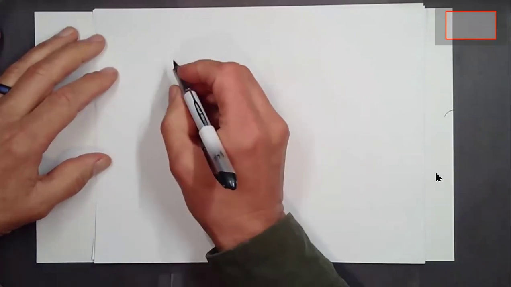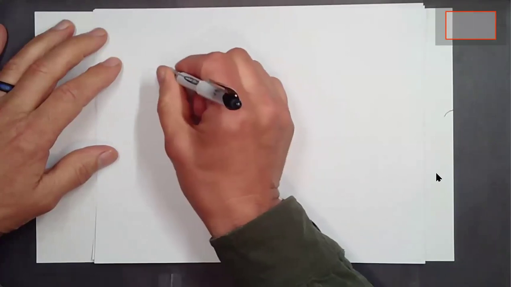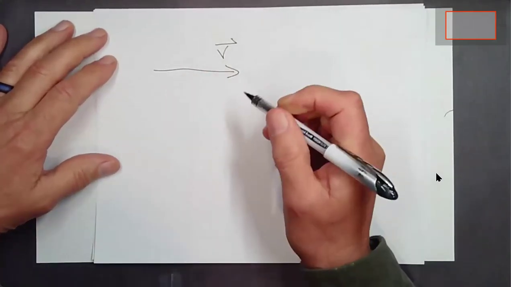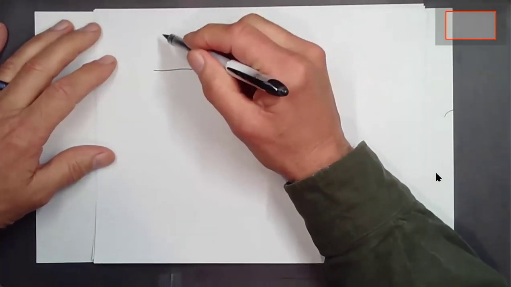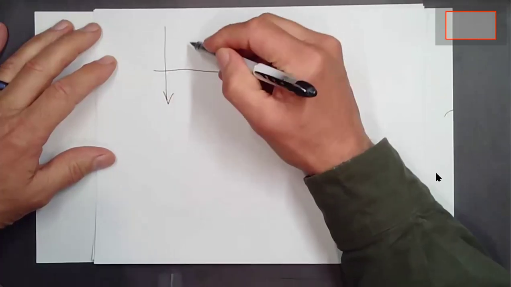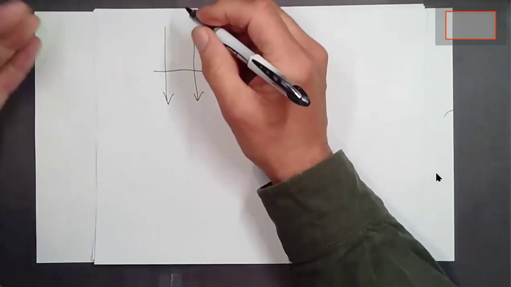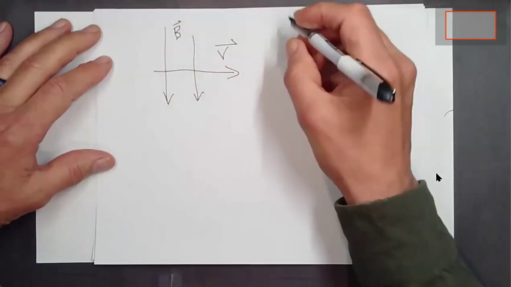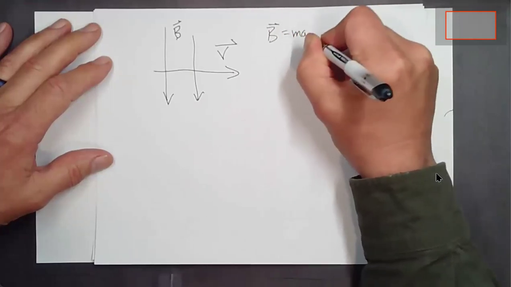But interesting things happen. For instance, if you have a particle that's moving in this direction, so its velocity is in that direction, and it's going through a magnetic field that might be acting in this direction, and we use the letter B in this class to show a magnetic field, and it's a vector field.